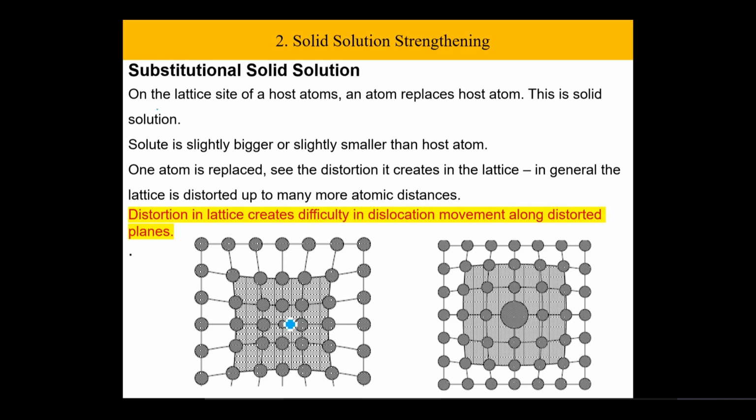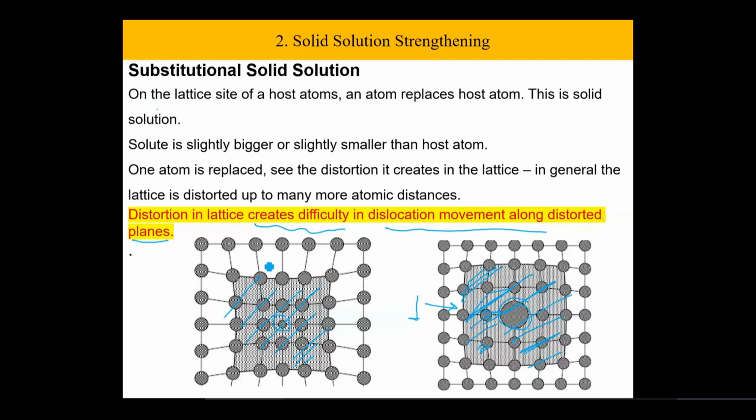So you can have a smaller atom replacing the host atom, or you could have a bigger atom replacing the host atom, and as a result you would see that there is distortion or stress created within the lattice. And if there is a dislocation over here, it is this stress that creates difficulty in the dislocation movement along the distorted planes.